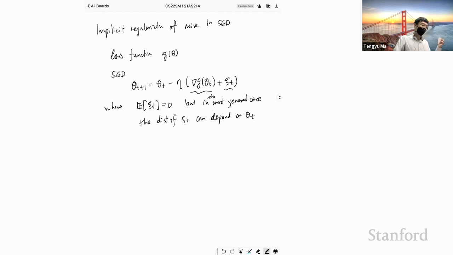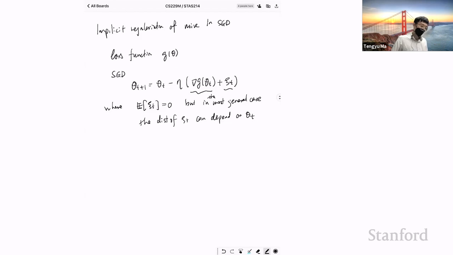But we are not going to analyze that particular version because then the noise becomes too complicated. We're going to analyze much simpler noise in most cases, like Gaussian noise. So strictly speaking, this is more about noisy gradient descent than mini batch stochastic gradient descent, but they do share a lot of similarities.